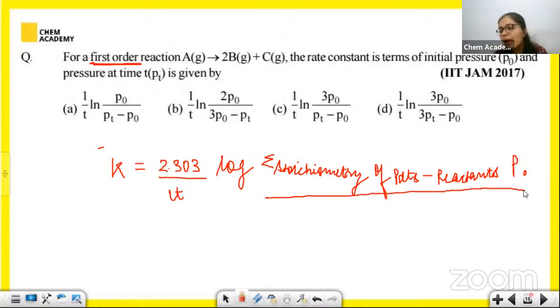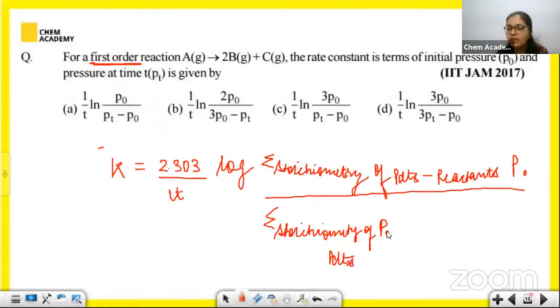This will be divided by summation of stoichiometry of product into P0 minus summation of stoichiometry of reactants into PT.